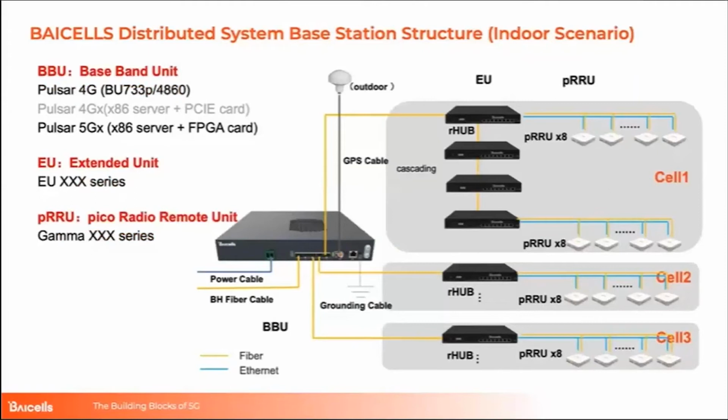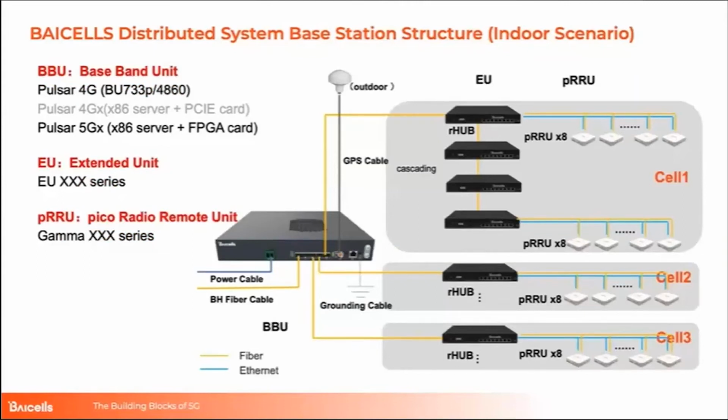Indoor is very interesting, the way it is set up. It's like access points. Here's the BBU as I talked about, and then you have the radio cells right here, and they connect to what's called an extension unit. Each extension unit can take up to 8 radios, and then you can cascade up to 4, and that will make a cell.